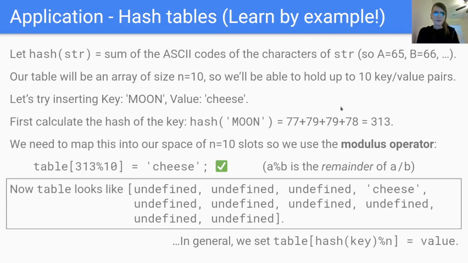We need to have this huge number, this hash, which in this case is just 313, but in the case of SHA-1, it's 40 bytes long. And we need to map that to just the numbers 0, 1, 2, 3, 4, 5, 6, 7, 8, and 9. And so we just divide it by 10, and we take the remainder.